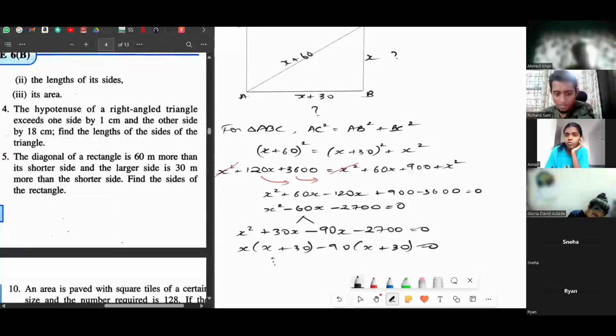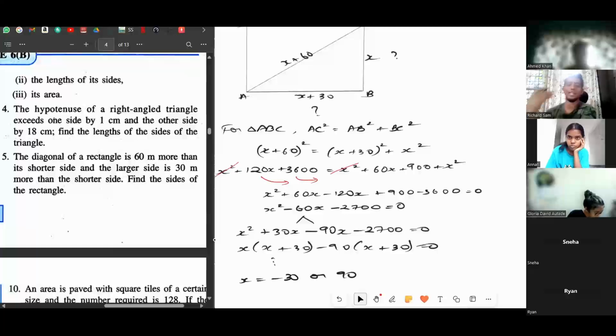Okay, so after simplifying, you will get the value of x as minus 30 or plus 90. So what are we taking here? Sides of a rectangle cannot be negative. So the side is 90. Okay. So then you can write your final statement.